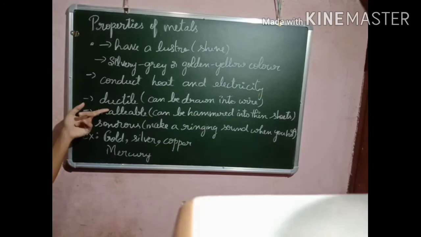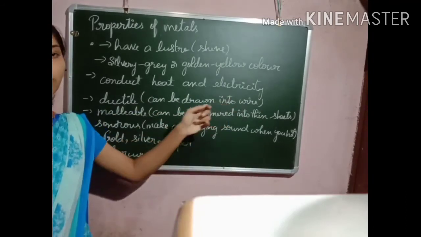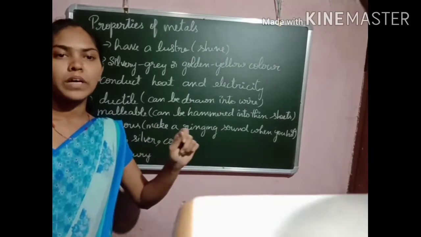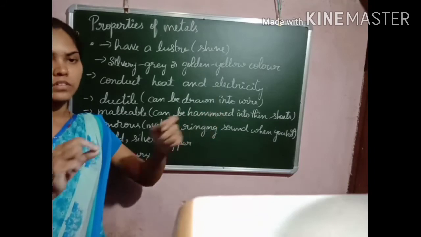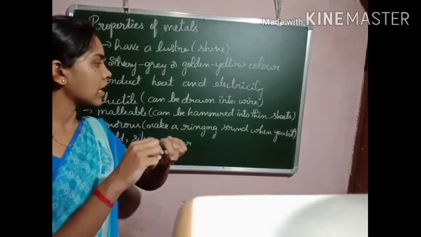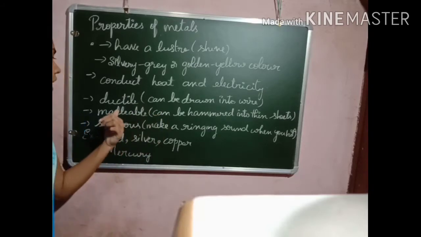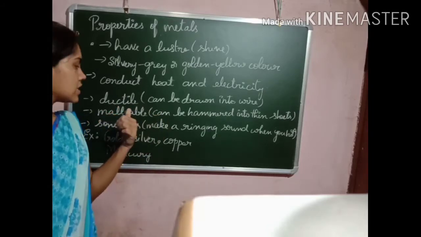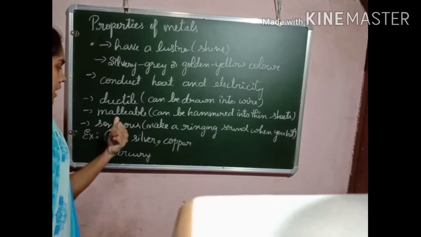The next one, they are ductile. They can be drawn into wires, like copper wire. Using these metals, you can make wires and thin strips. The property name is ductile. The next property is malleable.